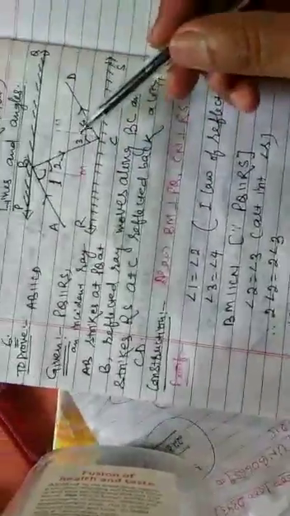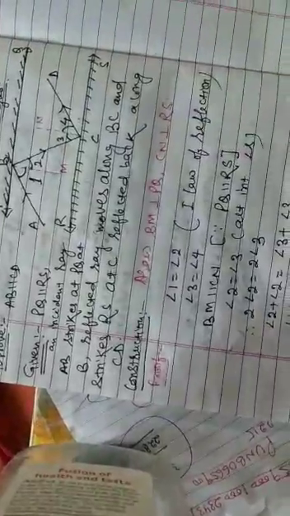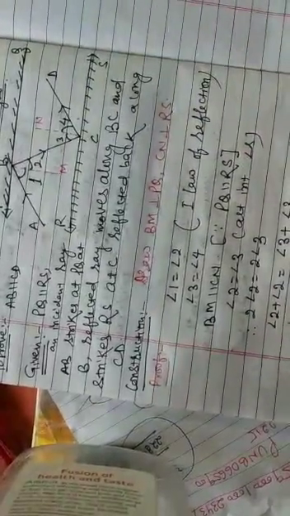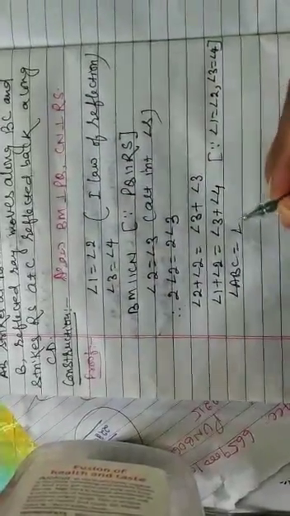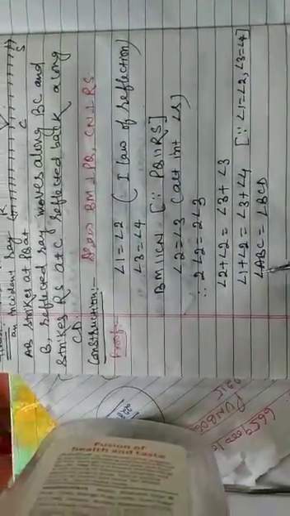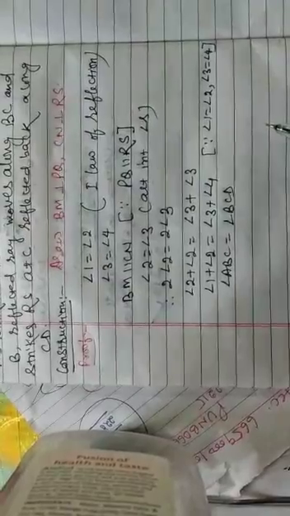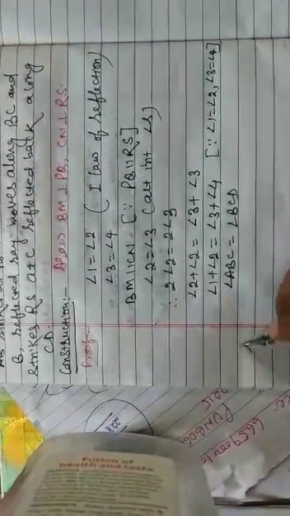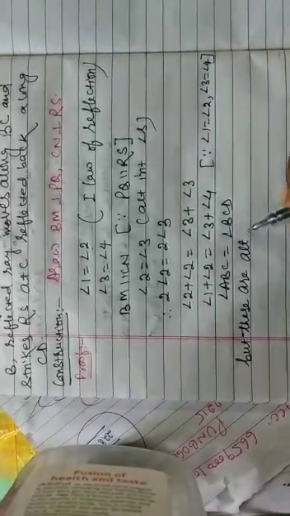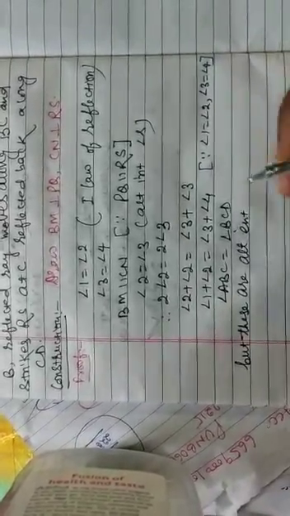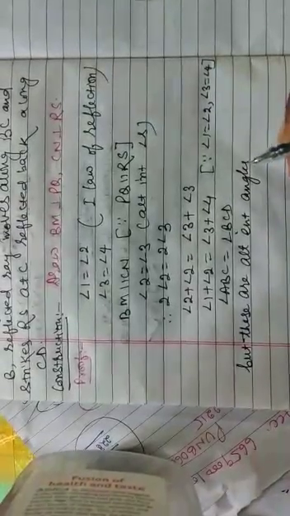Now 1 plus 2, you can see, is angle ABC, and 3 plus 4 is angle BCD. Now we have proved that angle ABC is equal to angle BCD, but these are alternate interior angles, and if alternate interior angles are equal, then the lines will be parallel.